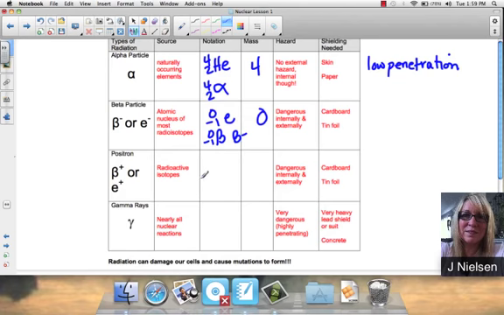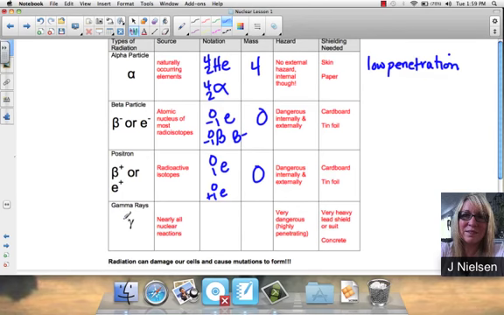Positron is simply a positive electron, so it has the opposite sign and charge, so 0,1 E, B positive, or 0,+1 E. Dangerous internally and externally. It has no mass and can also pass through cardboard and tin foil.